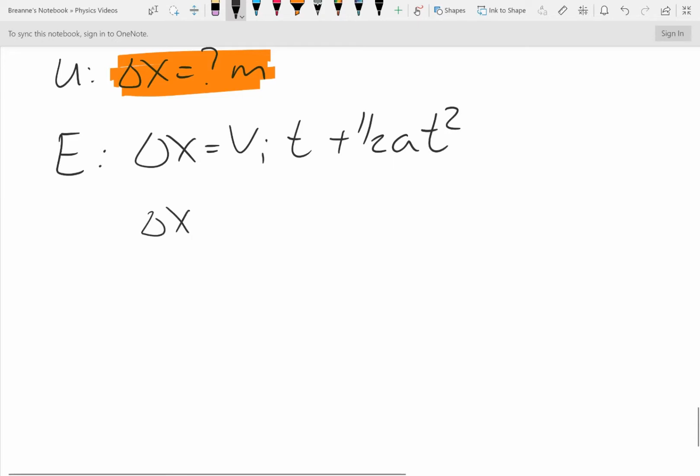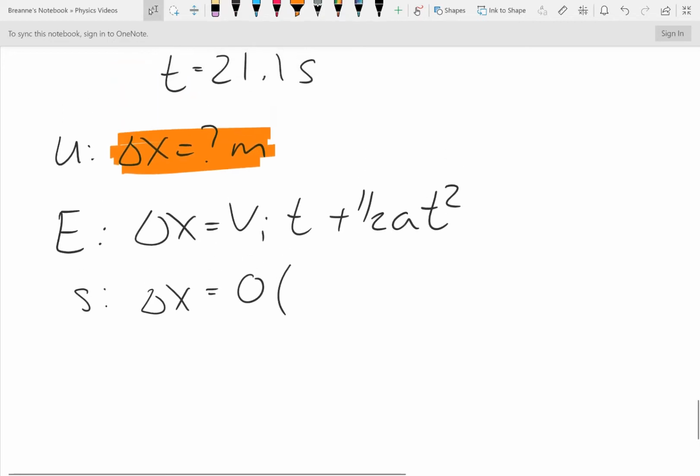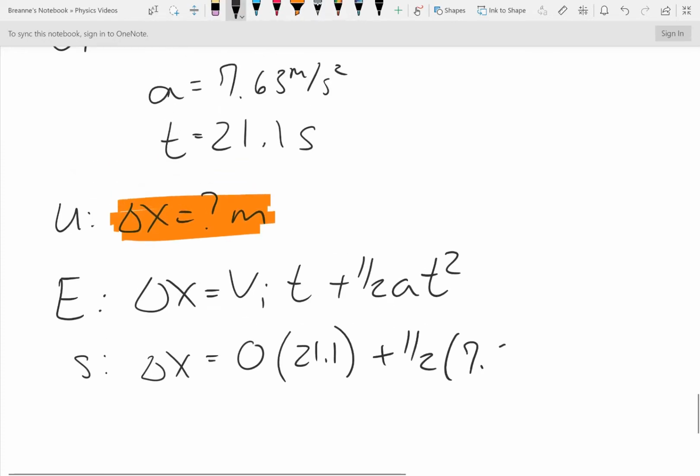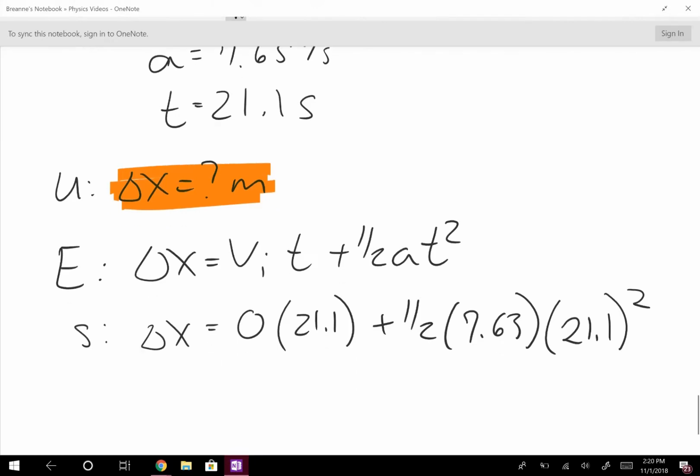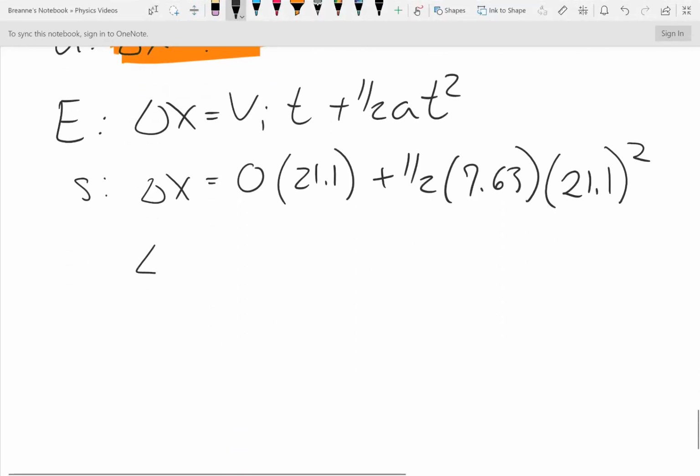We're looking for delta x. We're just substituting. Our initial velocity is 0. Our time is 21.1 plus 1/2. Our acceleration is 7.63. Our time is 21.1. Don't forget the squared. We're completely done with physics at this point in time.